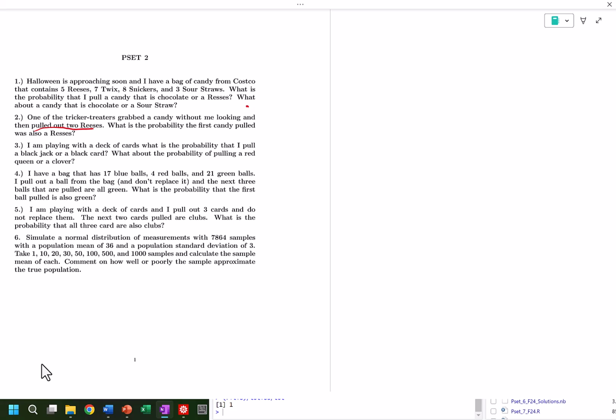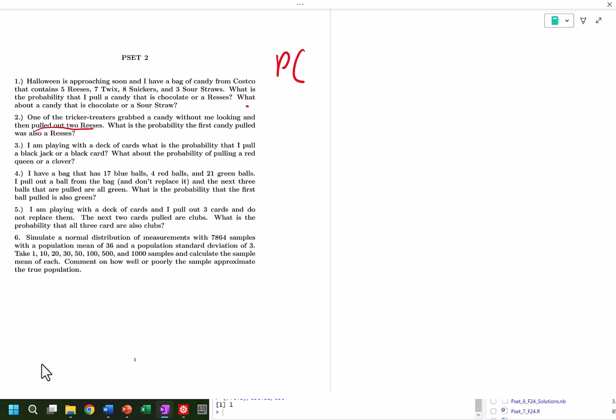So remember that we have the probability of some event, basically B. Oops. So we had our Bayes' theorem here.